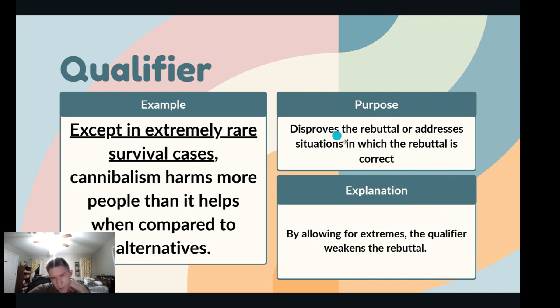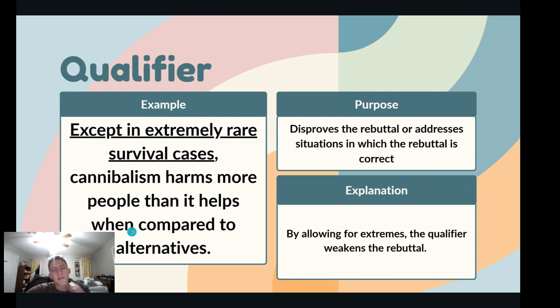To combat the rebuttal, we have the qualifier. So our example here: except in extremely rare survival cases, are the keywords. Then we say cannibalism harms more people than it helps when compared to alternatives.